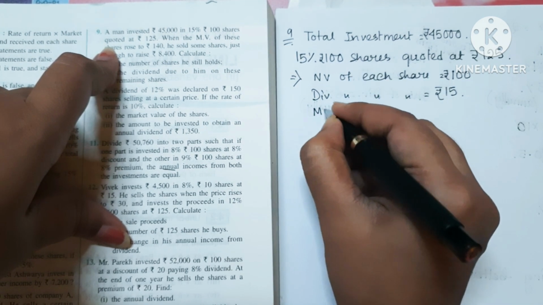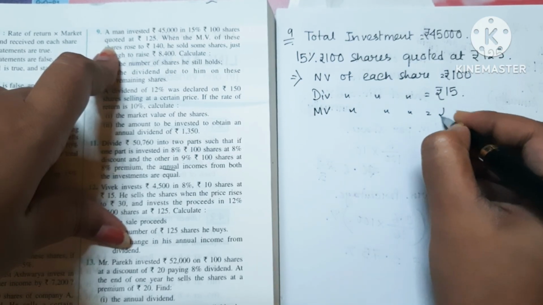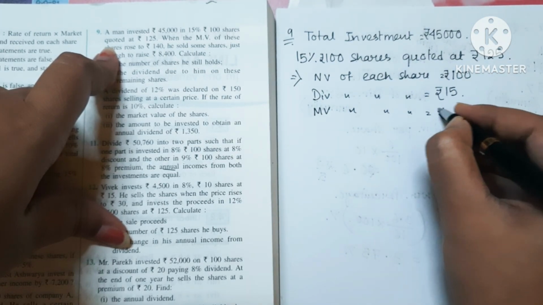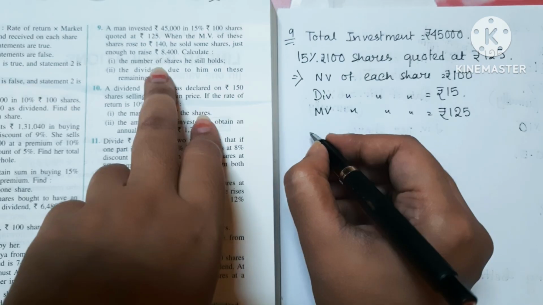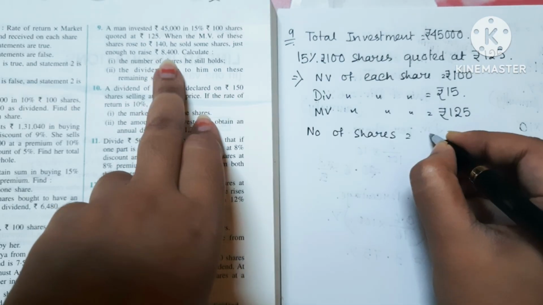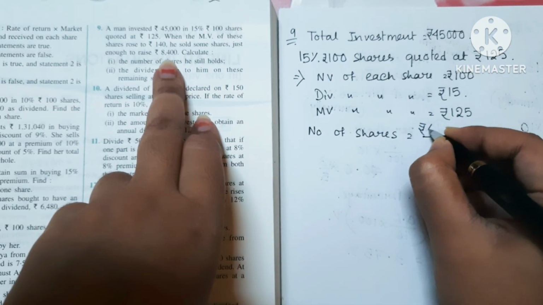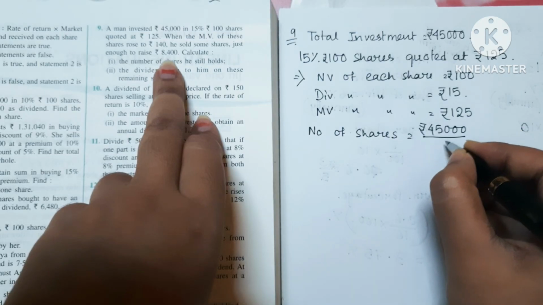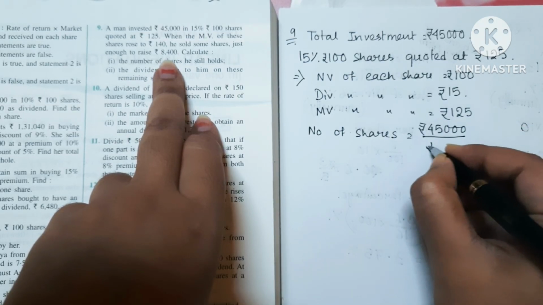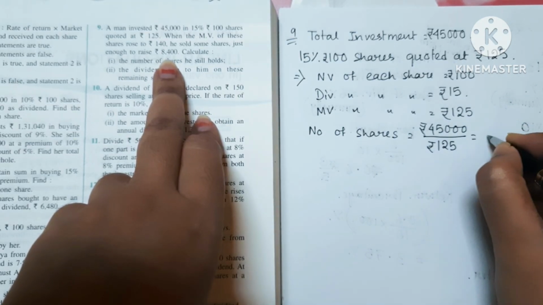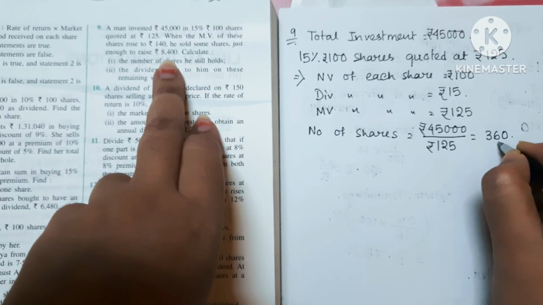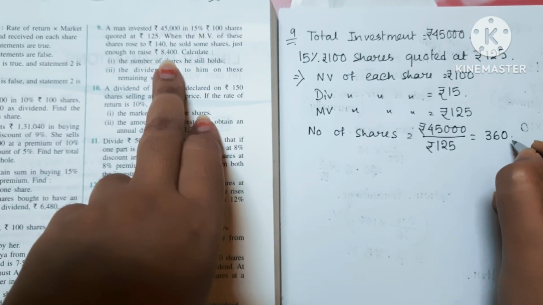Market value of each share is quoted at rupees 125. First you need to find the number of shares, that is rupees 45000 divided by market value 125, so 360 is the number of shares.